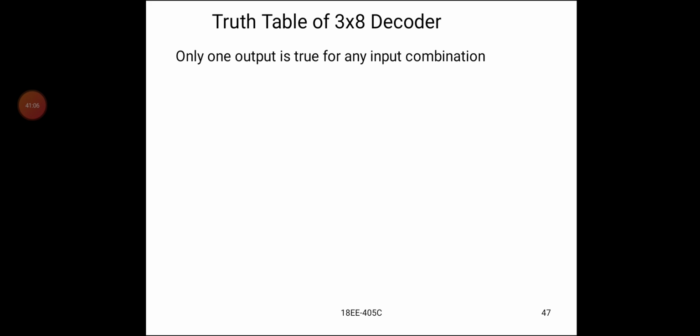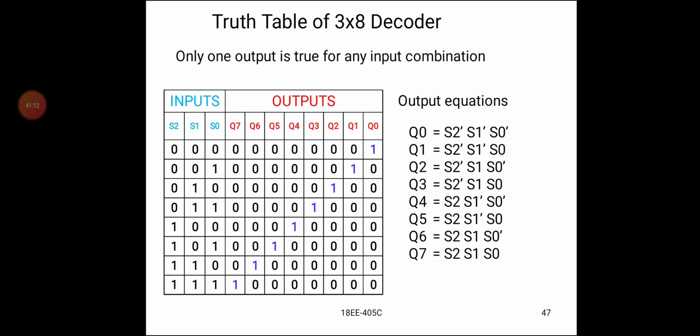The truth table of the 3 to 8 decoder: only one output is true for any input combination. Here inputs H0, S1, S2, 0, 0, 0, then Q0 is enabled.